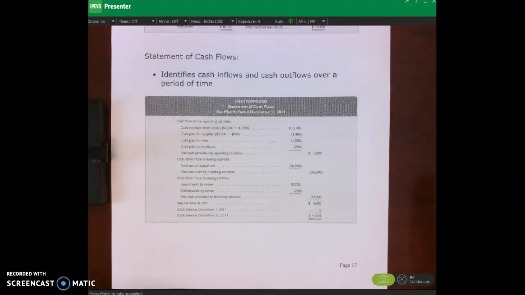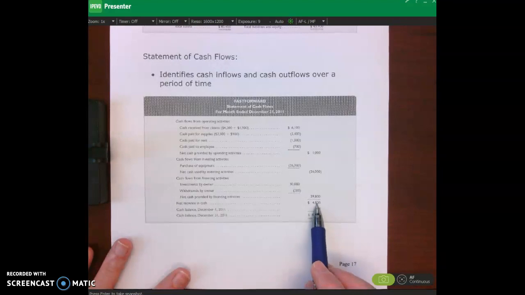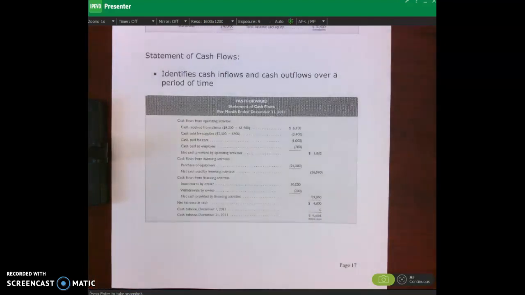Operating activities, investing or financing. Beginning cash plus changes in cash would then equal cash at the end of the accounting period. So the other thing that the statement of cash flows does is it shows how we got from beginning cash, the start of the accounting period, to ending cash at the end of the accounting period.